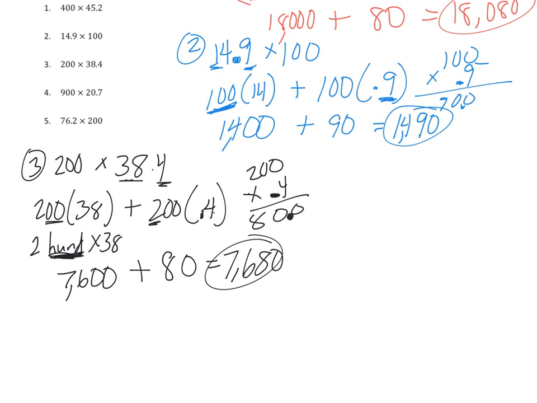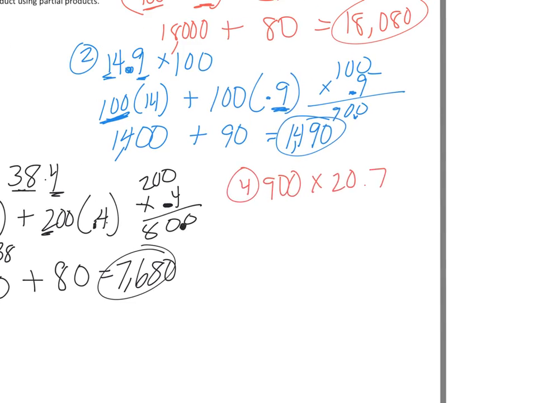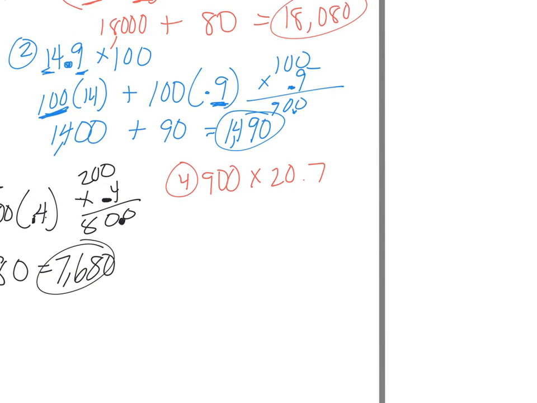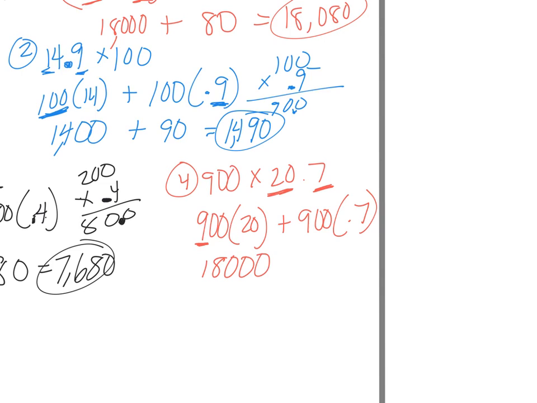Let's do 4. And 4 says 900 times 20 and 7/10. So I'm going to do the whole number and then the decimal. So 900 times 20 plus 900 times 7/10. So again, 9 hundreds times 20 is 180 hundreds.